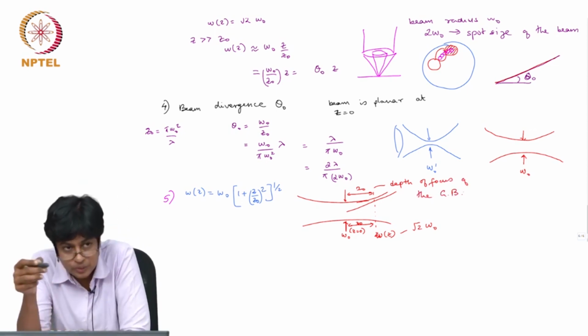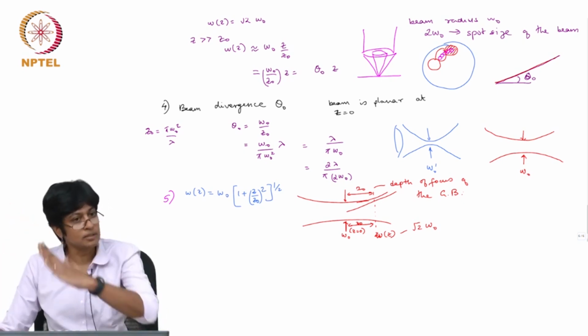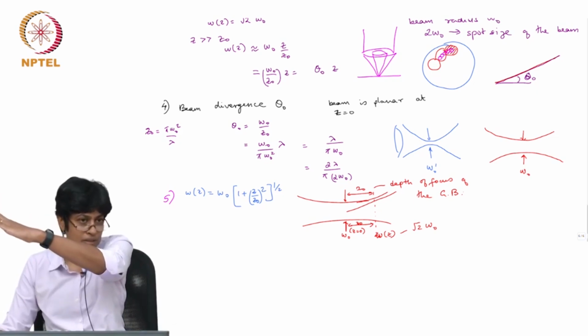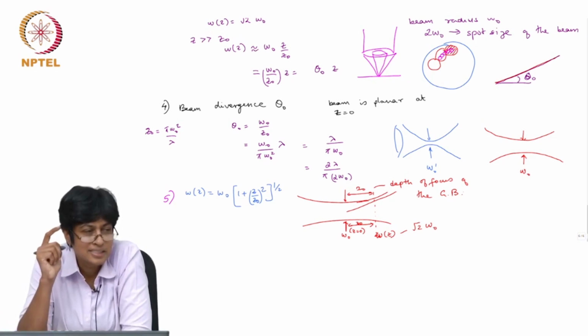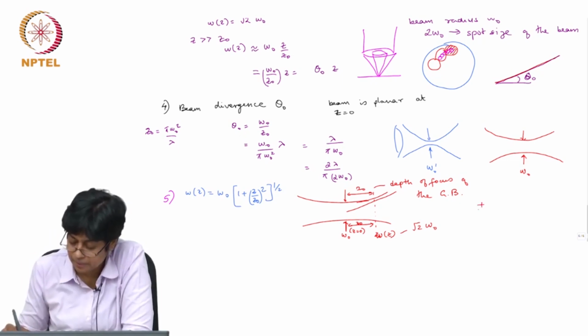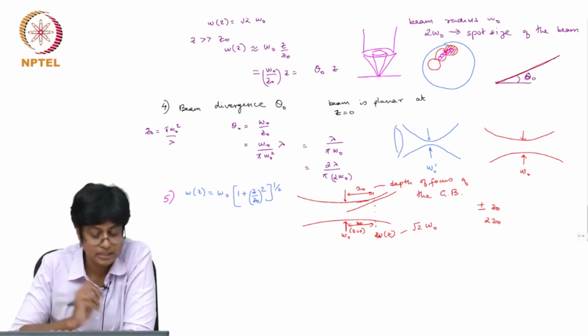Because you have this gradually varying divergence, and then it becomes this constant larger value, right? So this is exactly the same concept of depth of focus that we talked about earlier.